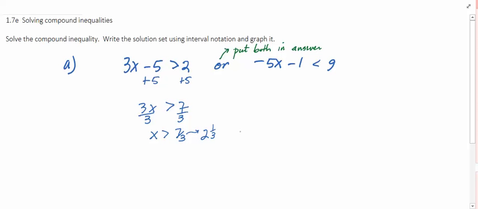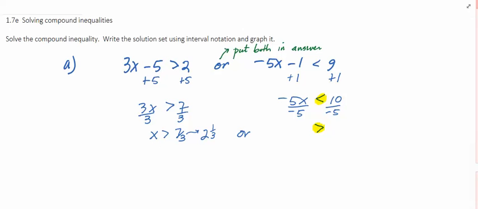I'll put it in the appropriate spot. So I'm going to go +1 here, +1 here. Okay, I have -5x. And just as a reminder, when we divide or multiply an inequality by a negative, we flip the symbol. That goes from there to there because of this right here.